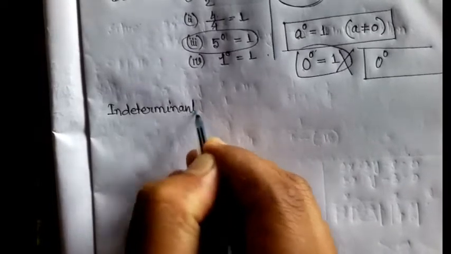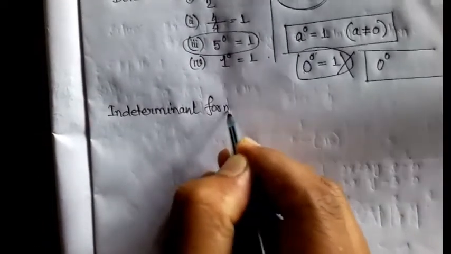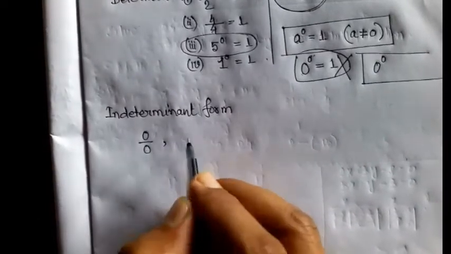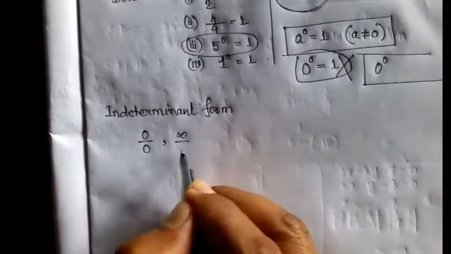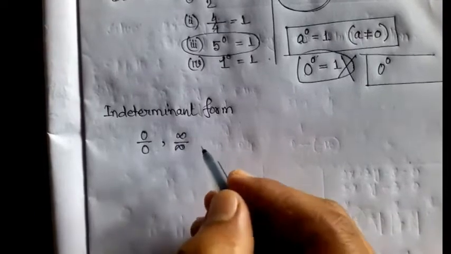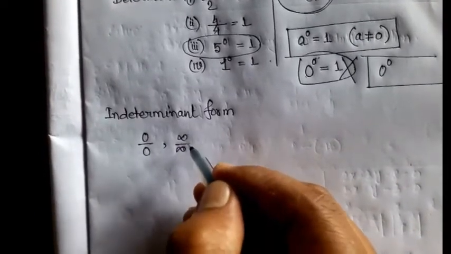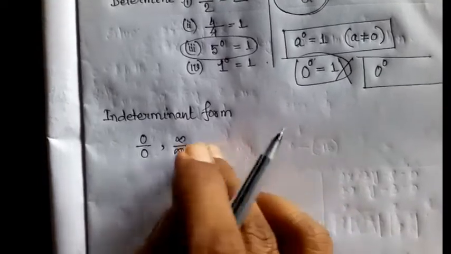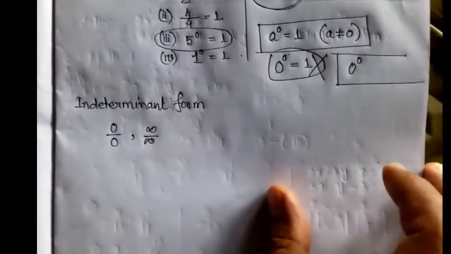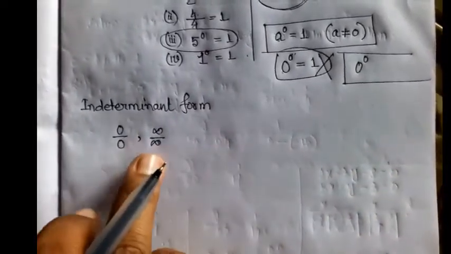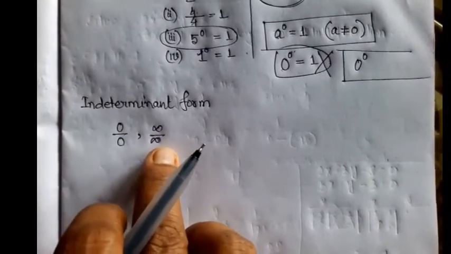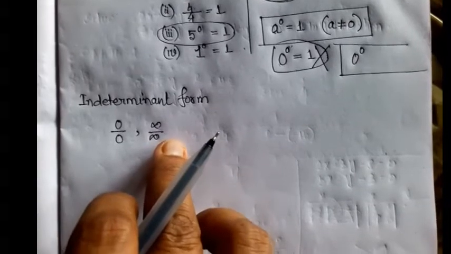Indeterminate form. So the first indeterminate form is 0/0. The second indeterminate form is infinity/infinity. Since infinity is not a number, we cannot divide these two. You have to keep in mind that infinity is just a symbol to represent a large number, and how large it is you can't imagine.